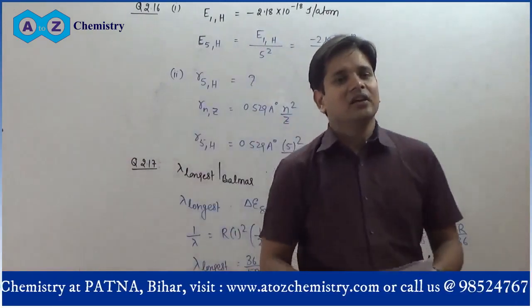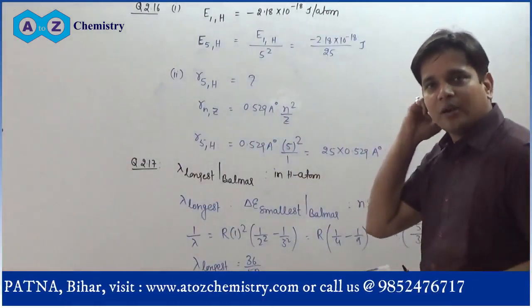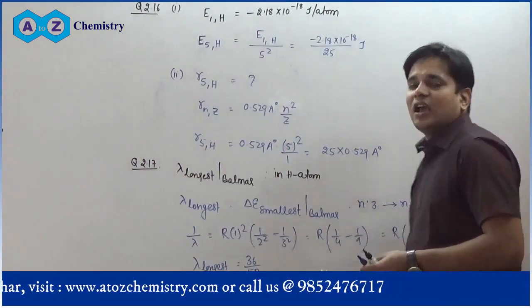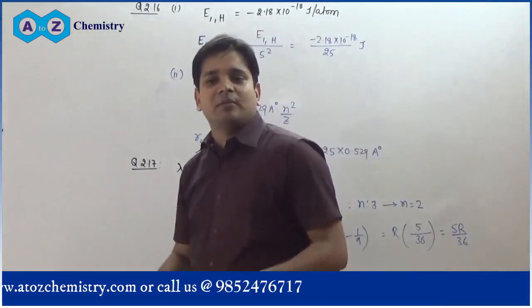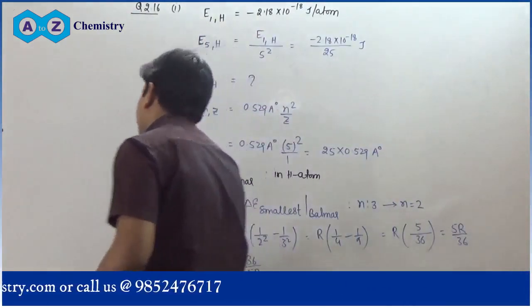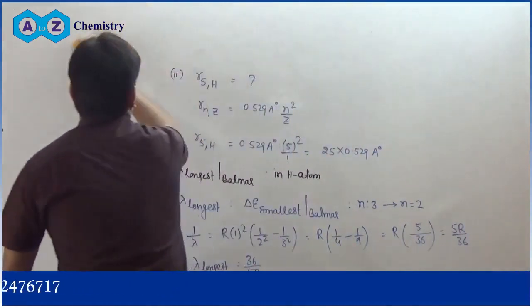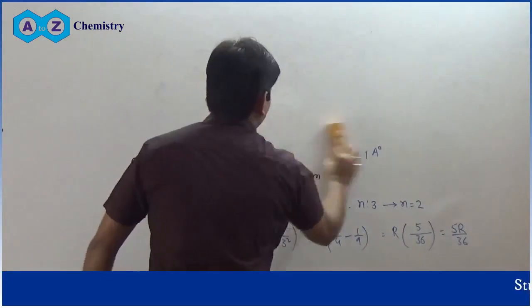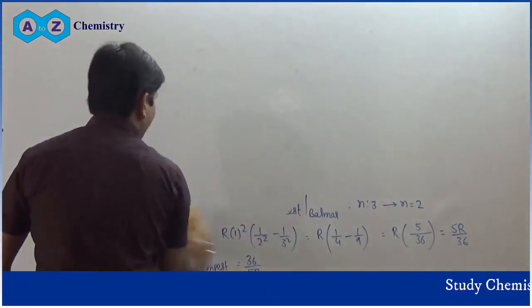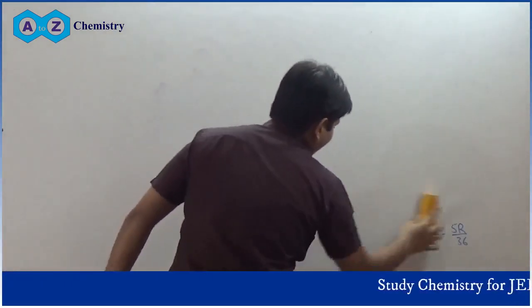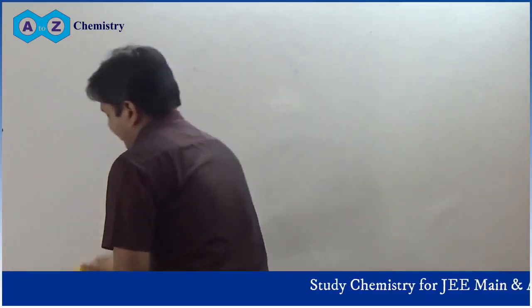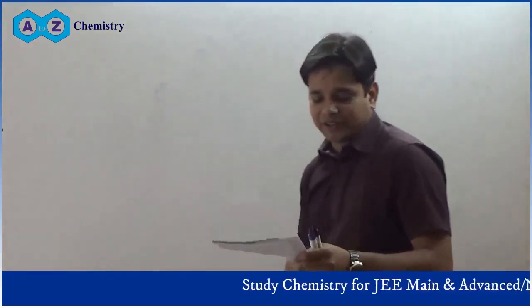For maximum lambda you have to see the minimum energy difference, and for minimum lambda you have to see the maximum energy difference. That's the concept. For minimum energy difference you see the adjacent transition, whereas for maximum energy difference we see the transition from n equal to infinity to that particular orbit.